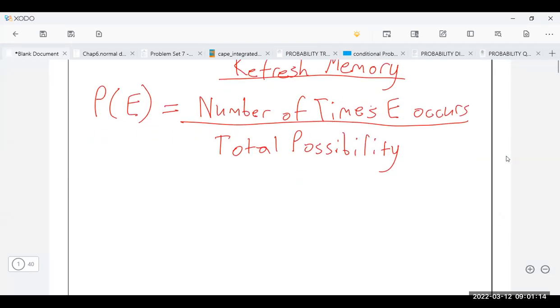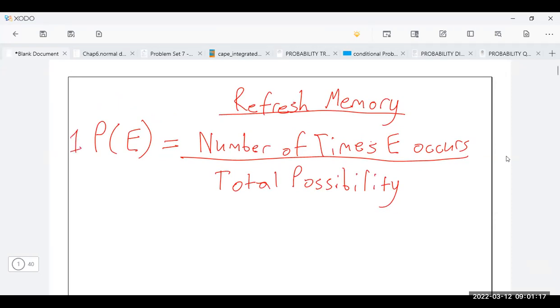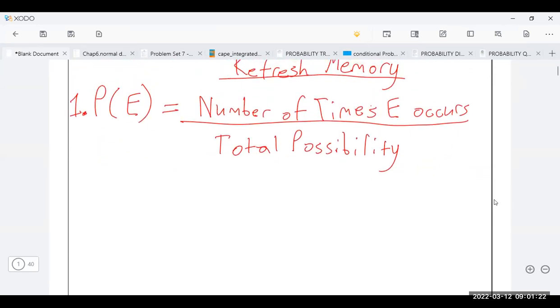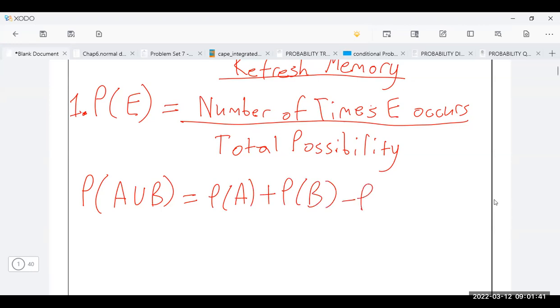After we defined probability, we then went on to union first. We looked at the probability of A union B, and we said that is the probability of A plus the probability of B minus the probability of A intersect B. That's the union law.